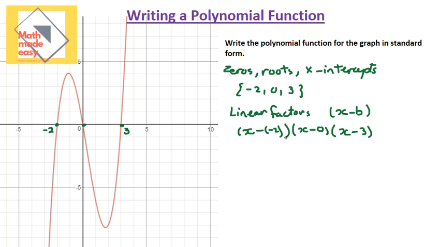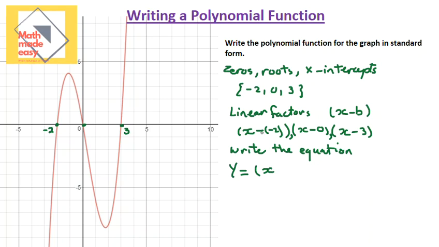Now, there is 3 of them. So you can put a comma between them if you're just writing or stating what the linear factors are. If you want to write the equation of this graph, then you will need to multiply all linear factors together. So you're going to write y equals, and you start multiplying.